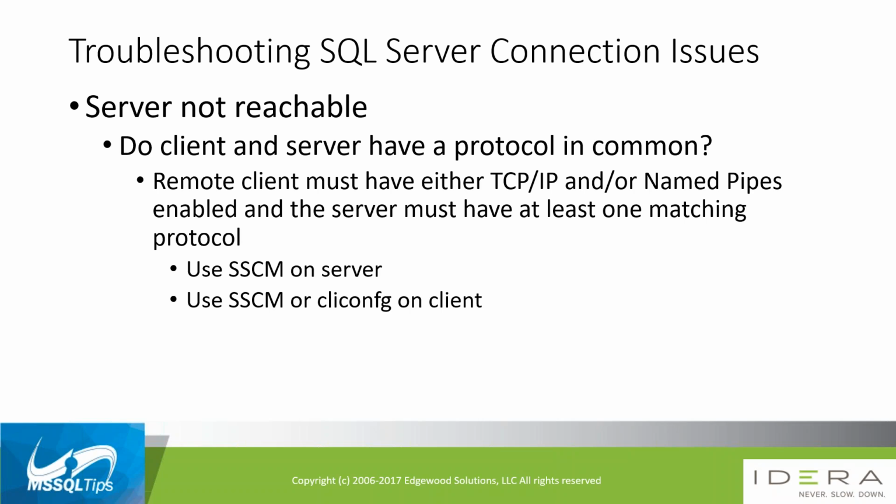And you can use Configuration Manager or the client config utility on the client, either one. I showed you where you could see those earlier, so we won't bother looking at those again. But there has to be at least one of those in common. They can both have TCP, they can both have named pipes, but there has to be at least one of those in common.